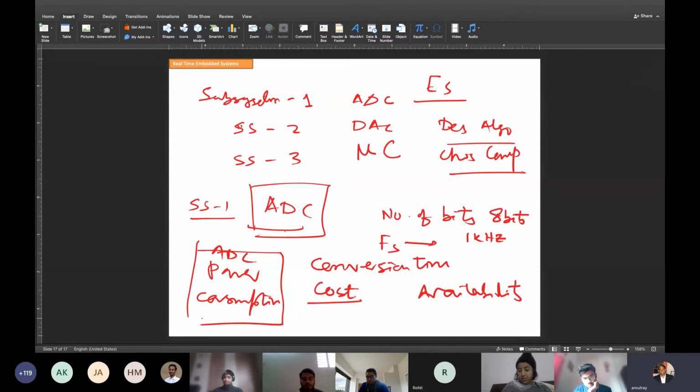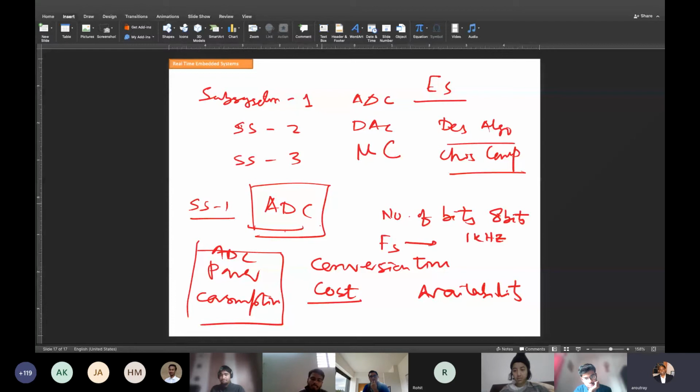Suppose you want to use an ADC for an implant on your body, like for your grandfather, where the sugar is monitored automatically and insulin is released. For such an implant, the A to D converter should have extremely low power. Otherwise, you cannot manage the battery. So power is one of the major factors.